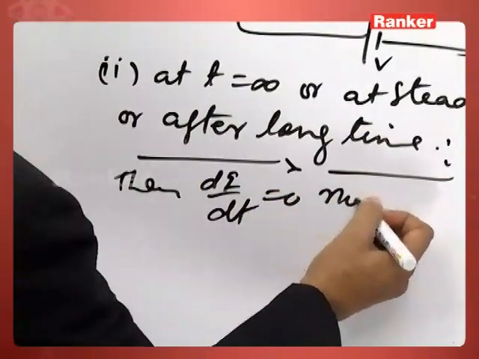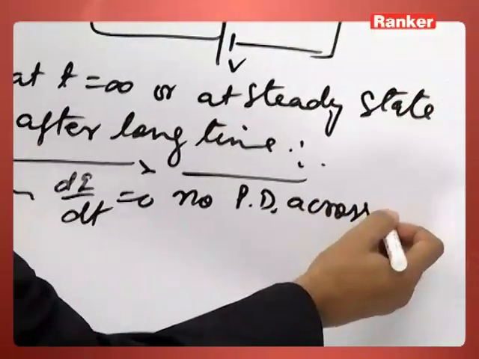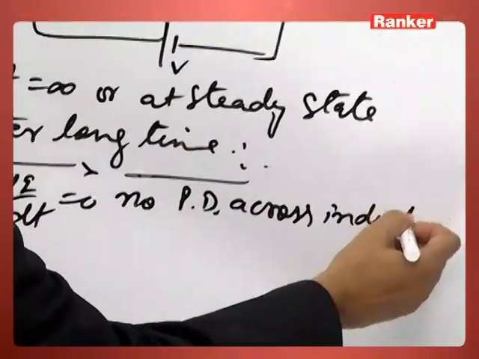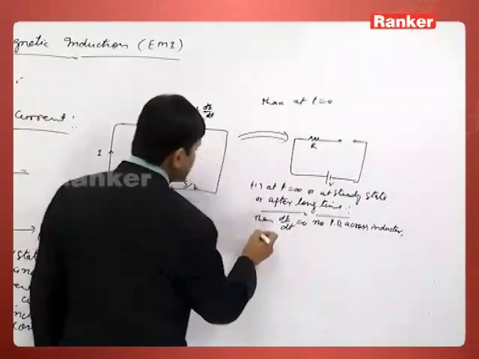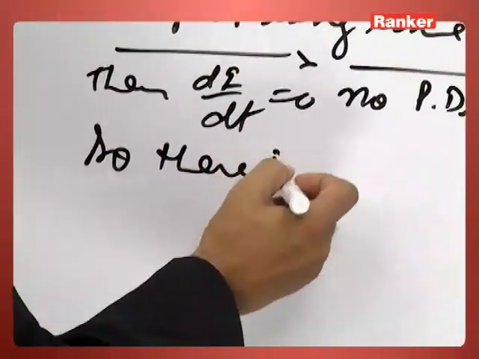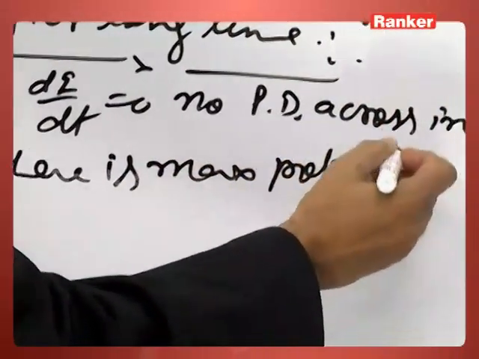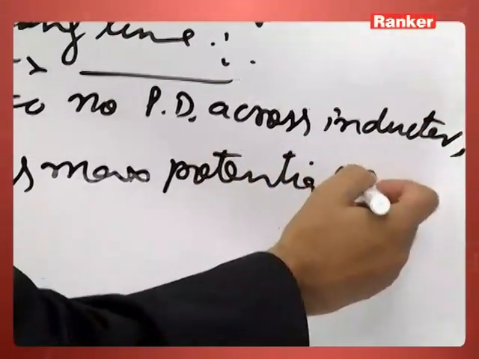So there is no potential difference across the inductor. So there is maximum potential across the resistance.